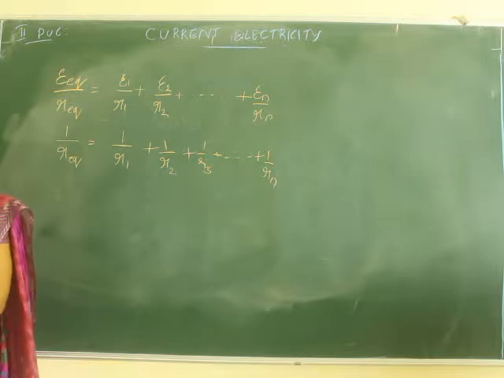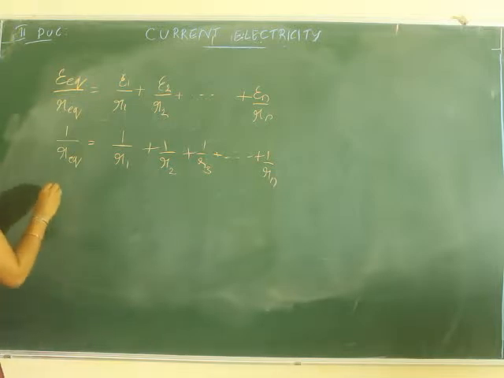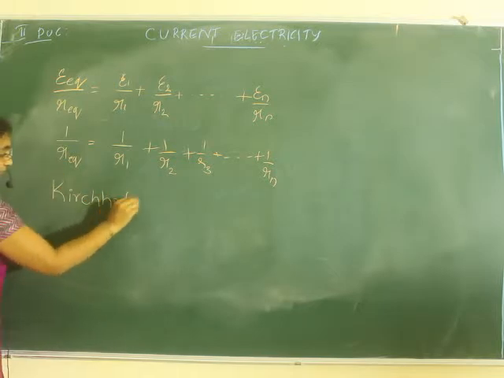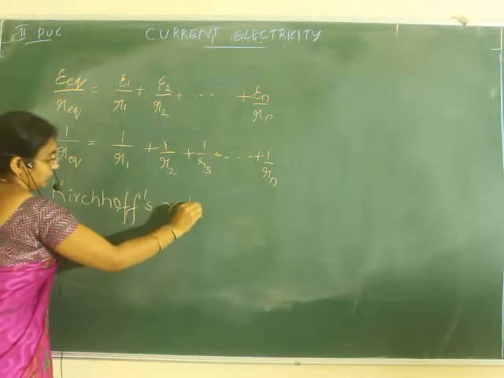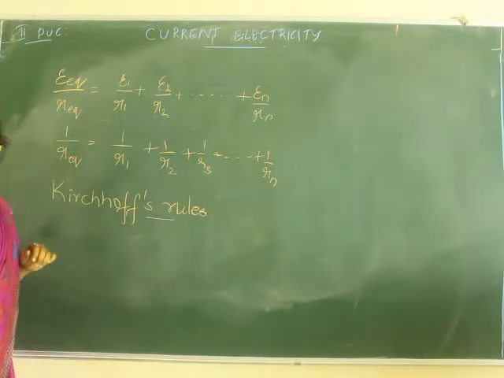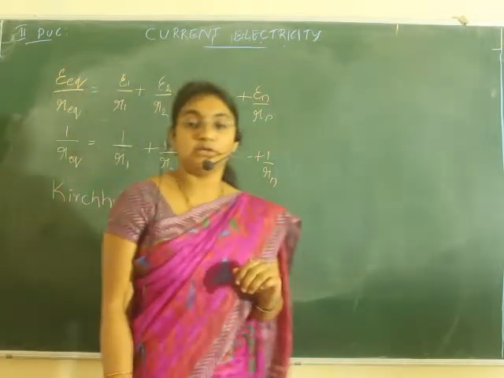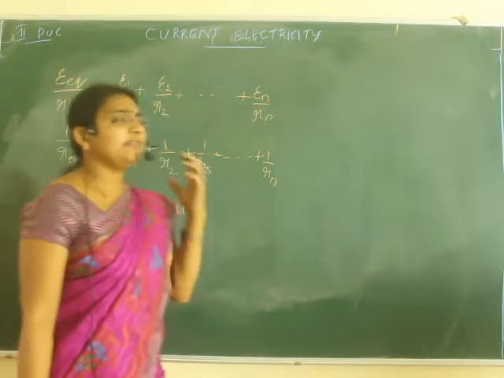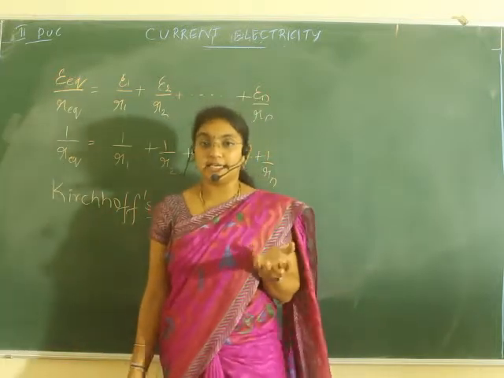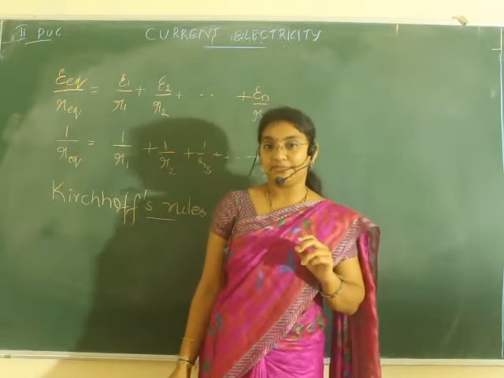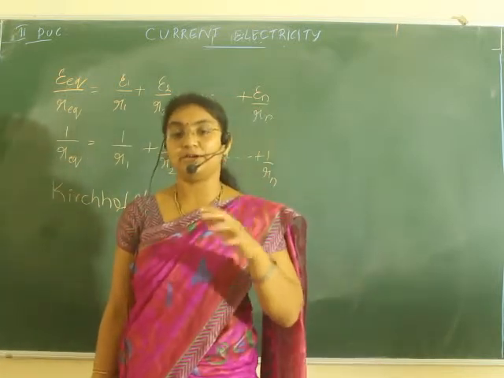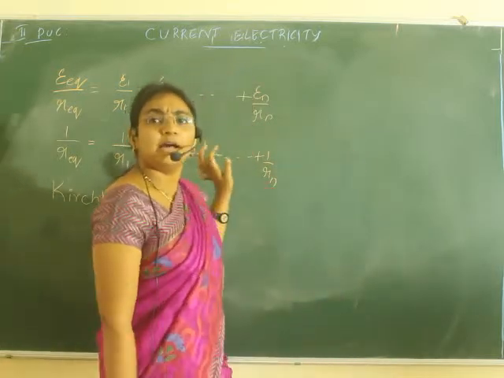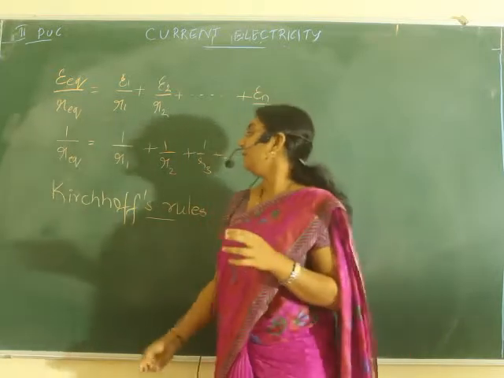So the next concept which we are moving to is Kirchhoff's rules. What is this Kirchhoff's rule? A scientist called Kirchhoff gave the rule. See, if the cells are connected in series or parallel, the formula is there. Epsilon is equal to epsilon 1 plus epsilon 2 etc. up to epsilon n. Then epsilon by R, where R is nothing but the internal resistance. Okay.